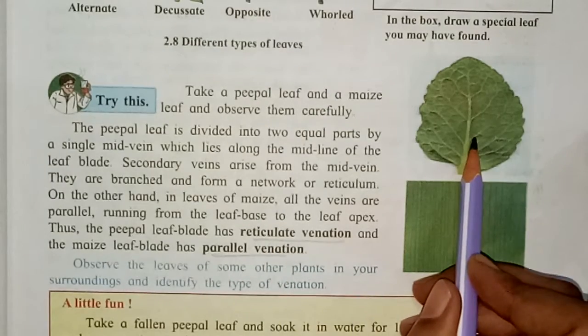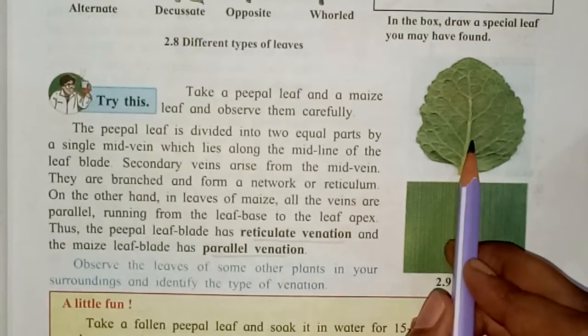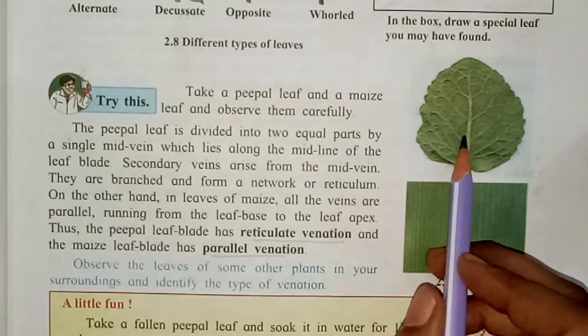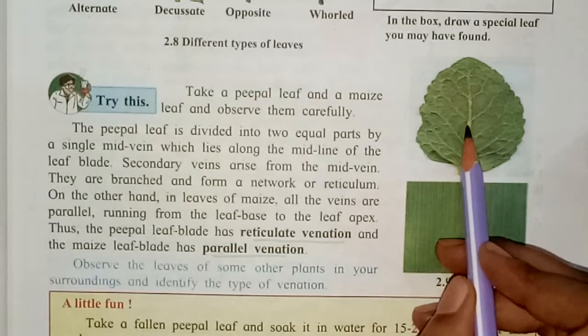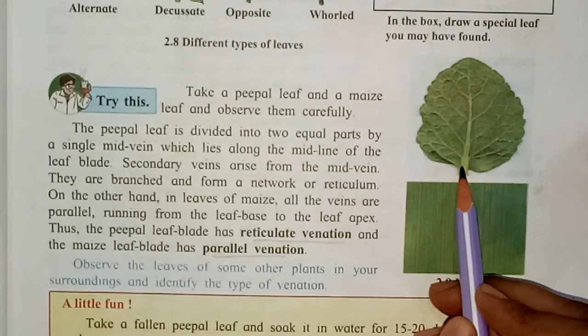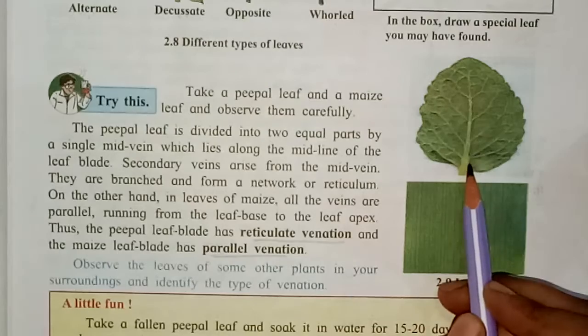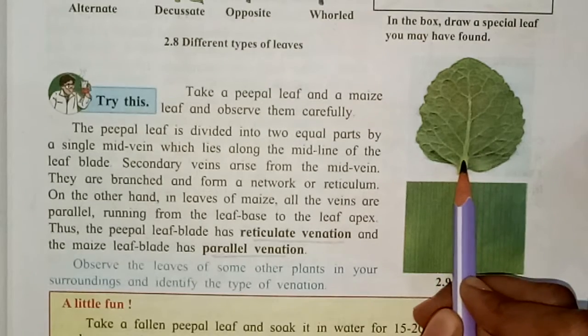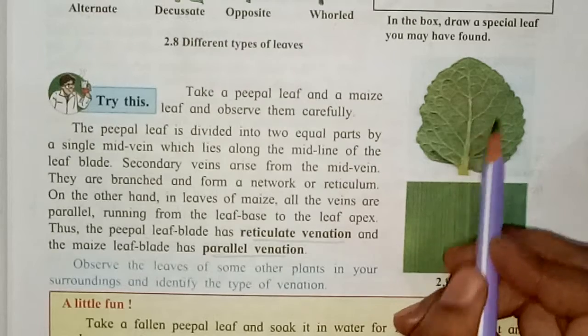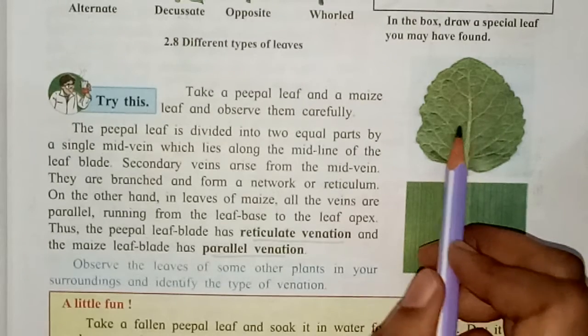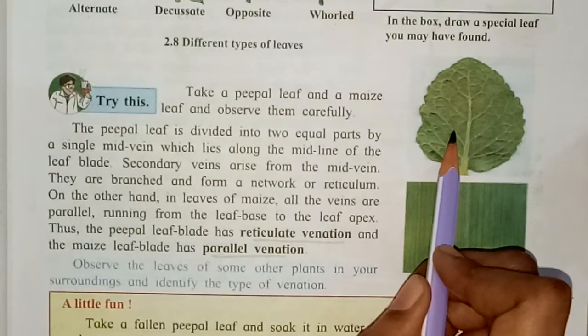This first leaf is the leaf of the peepal plant. It has a midrib, the vein present in the middle, called the mid vein. From this mid vein all the other veins come out. This type of arrangement is called reticulate venation.